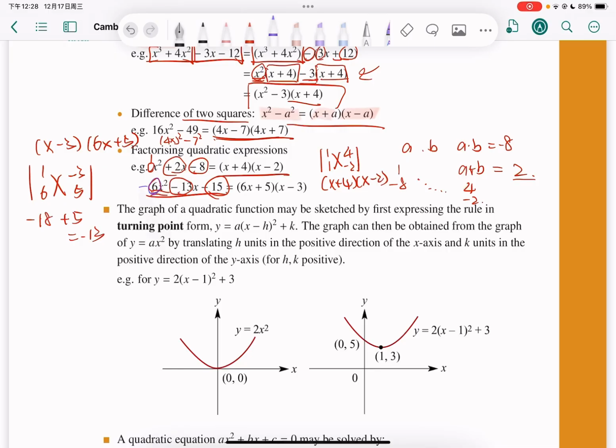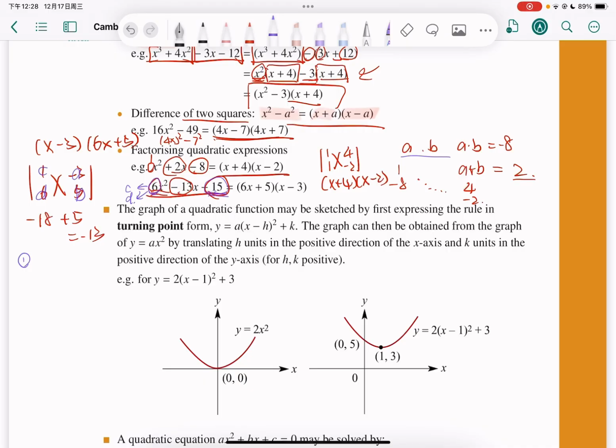You can call them C and D. So this place should be replaced by C, and this should be replaced by D. For the negative 15, we introduced A and B earlier.